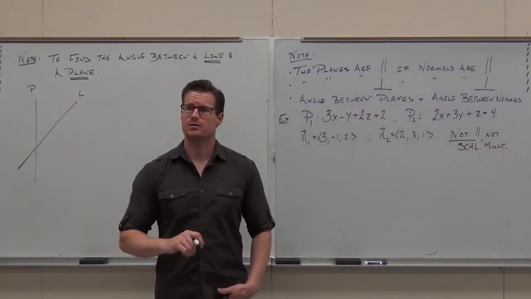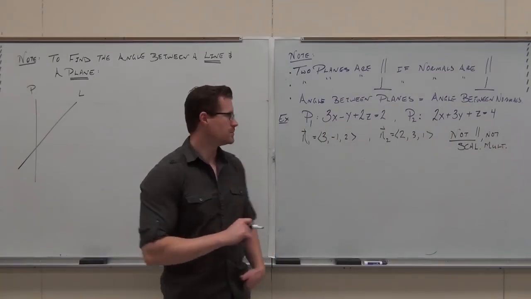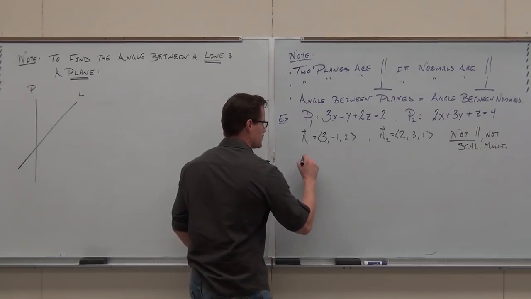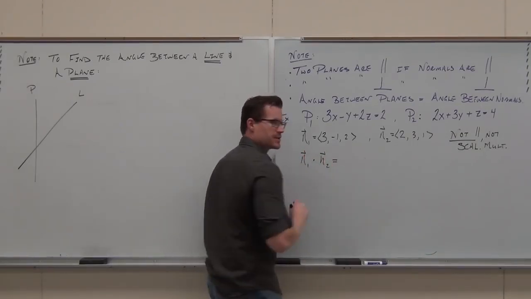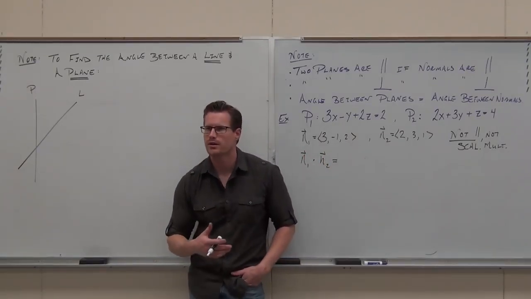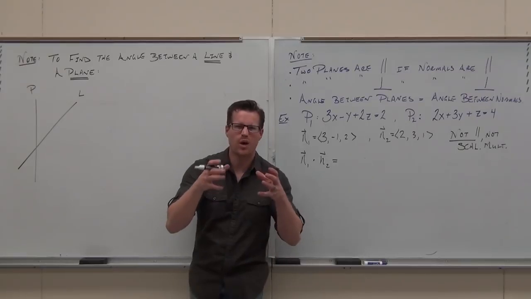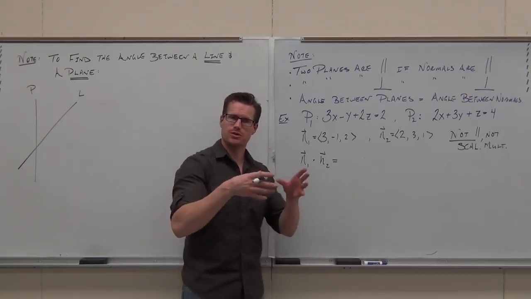Are the planes perpendicular? This is what it would take to figure out. Do you remember the dot product? If the dot product is what number, then we have perpendicular. Perfect, that's how you check.